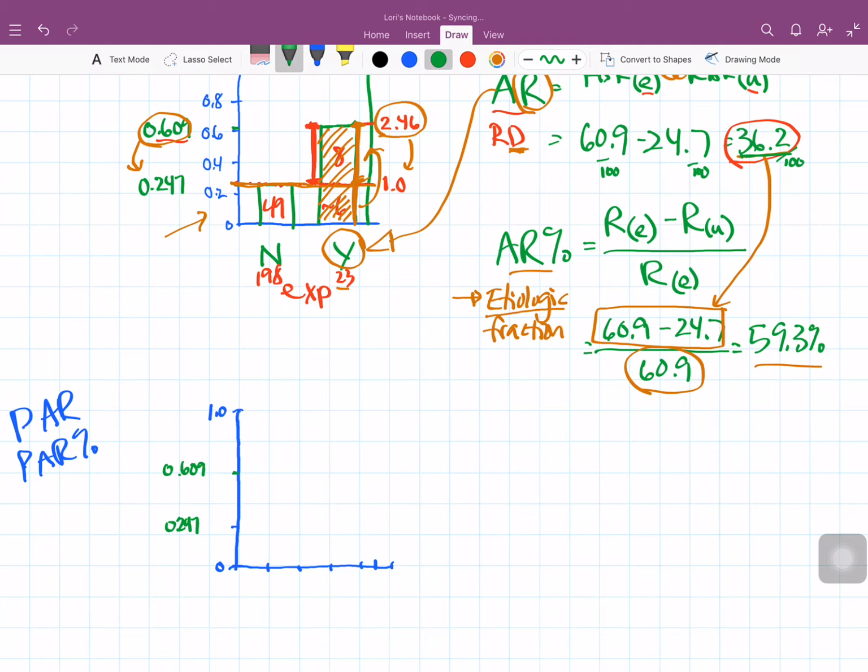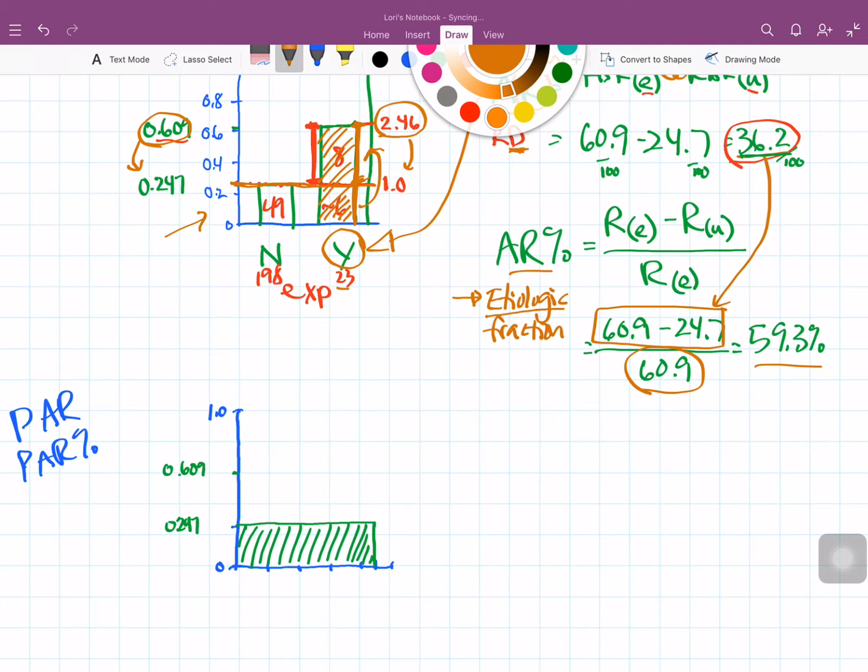So essentially almost 90% of my population is in this 24.7% category. And then I have another group that is about, here's my 10%, and they are at 60.9. Oops, let me erase that. That's not very straight. I want that to come down a little straighter.